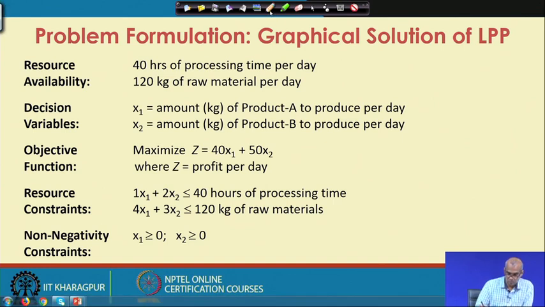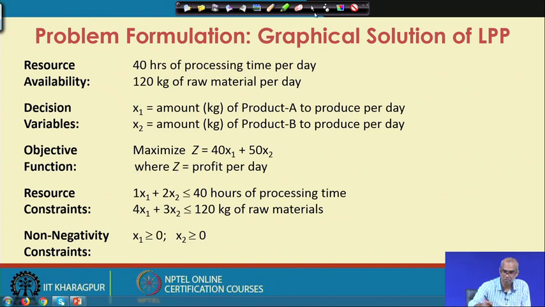So, x 1 kg of product A requires x 1 hour processing time and x 2 kg product B require 2 x 2 hours of processing time. So, the total processing time x 1 plus 2 x 2 must be less or equal to 40.